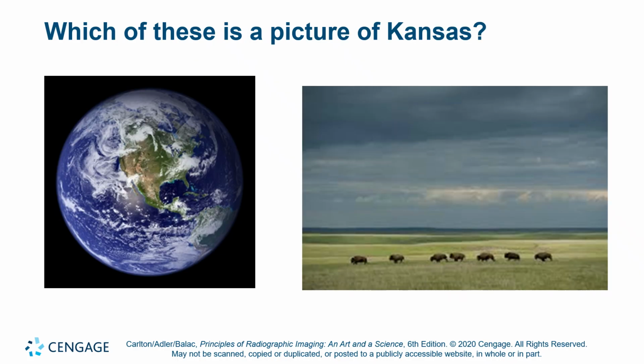Let's talk about Kansas. Which one of these is a picture of Kansas? Okay. And flat earthers can go pound sand, kick rocks. Yeah, get out of here. But yet, indeed, the picture on the right seems to be fairly flat. That surface is flat.